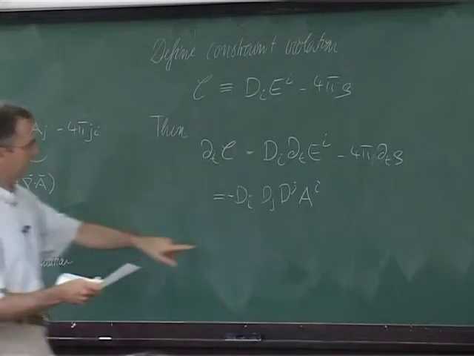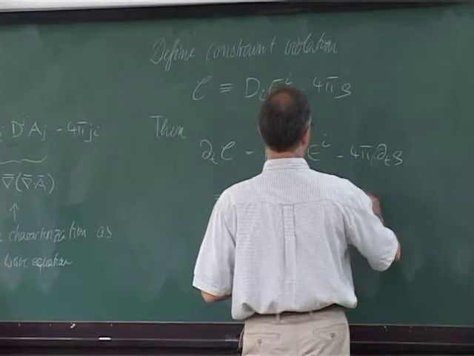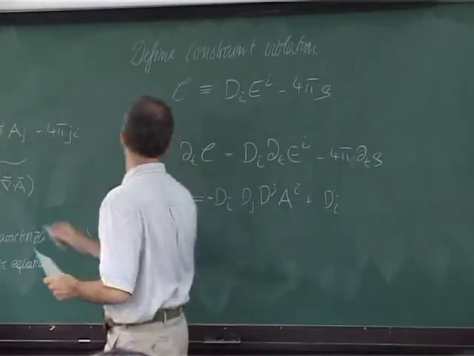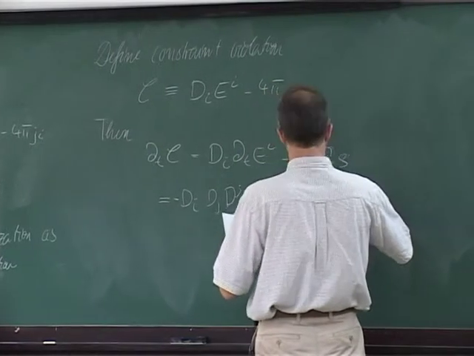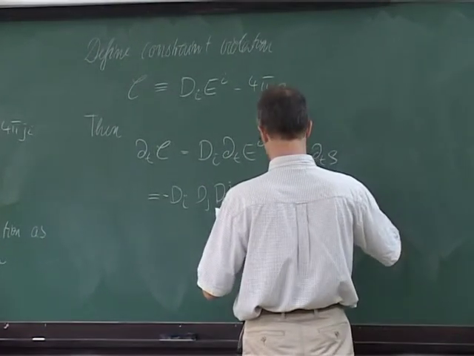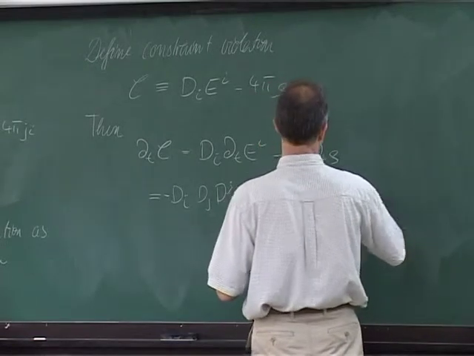The second term will be plus d_i, and then from here I have a d^i d_j A^j.